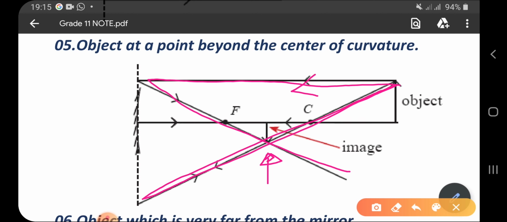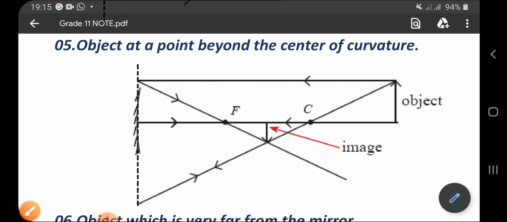If you compare the object and the image again, the size of the image is smaller than that of the object, so we say it has a diminished image.